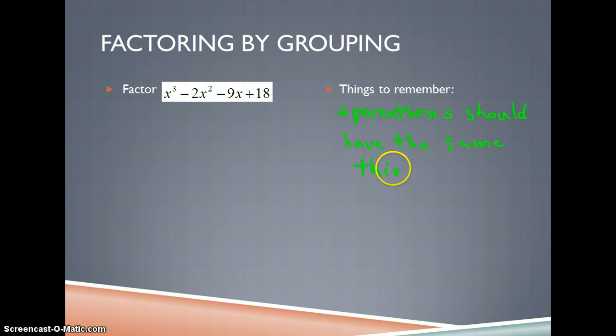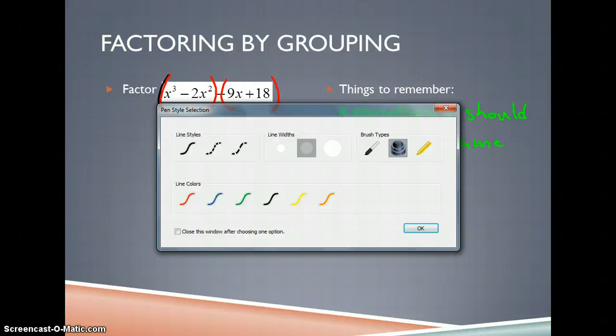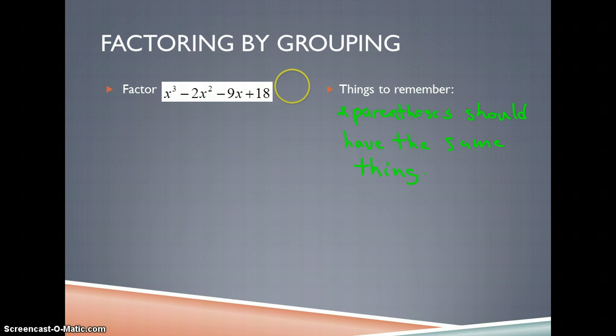And that's one big thing to remember here. So if we look at these, we're going to factor out. First thing I guess we have to do is we have to group. Have our groups here. I'm actually going to rewrite this. I don't like the way it looks.